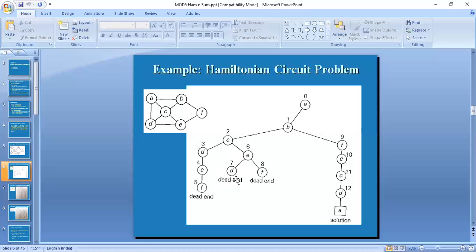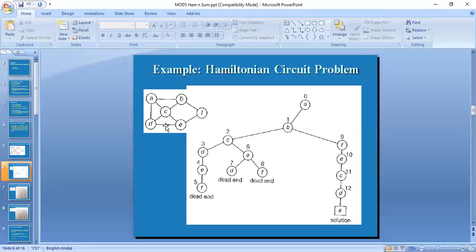First option is D. Now, from D, even though there exists an edge from D to A, we are not supposed to go to A because we need to cover the vertices which are left out. What is left out? Vertex F has not been visited. In our previous case there was no edge from F to A, but in this case, from D to A, there is an edge, but we cannot go.